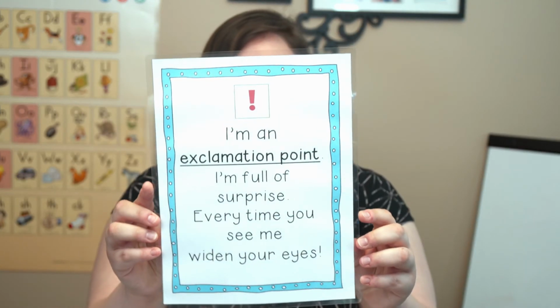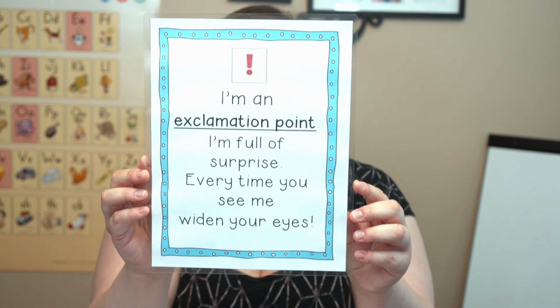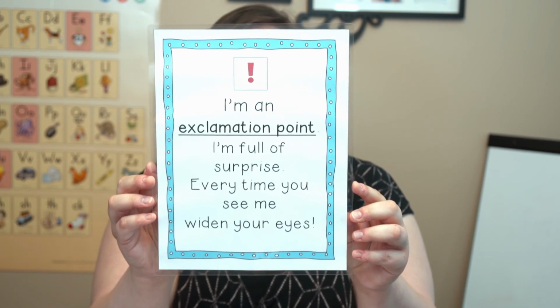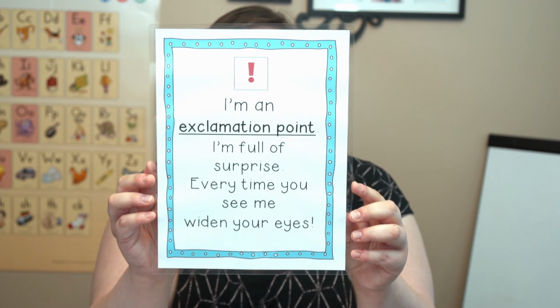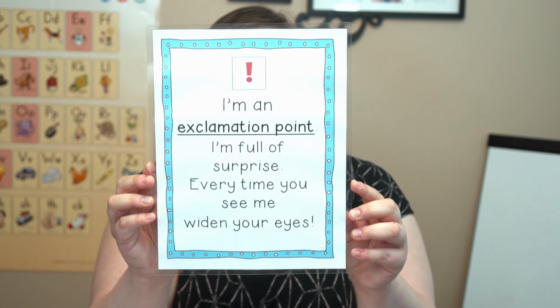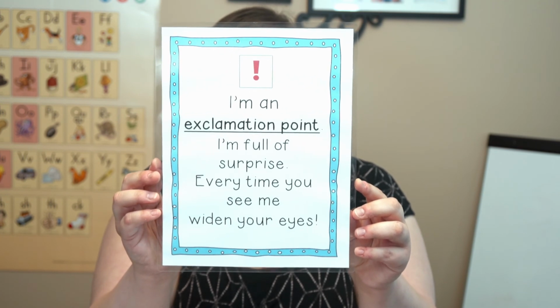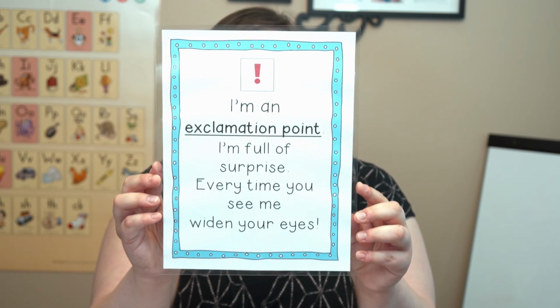Let's do another one. You ready? Here we go. You tell me what it is. What punctuation mark is this? And what does it do? Why do authors use it when they're writing?